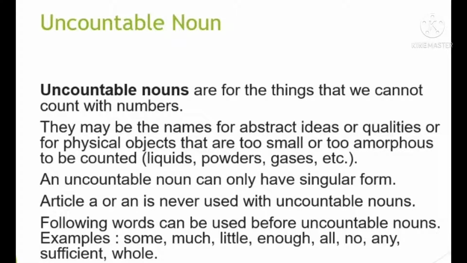So these are uncountable nouns. An uncountable noun can only have singular form. Article a or an is never used with uncountable nouns. So we use words like some, much, little, all, no, any, sufficient, whole, etc. for the uncountable nouns.